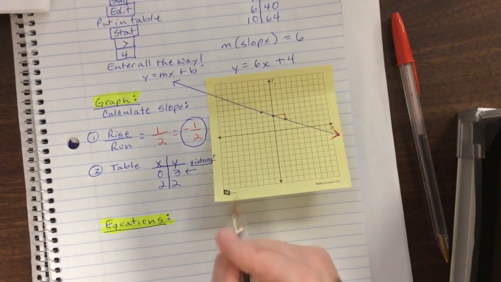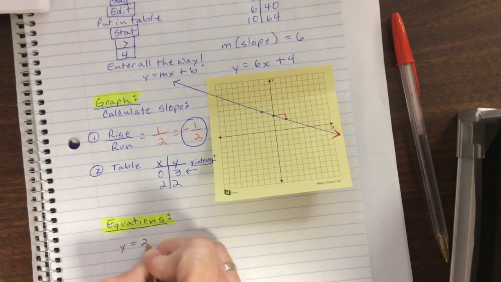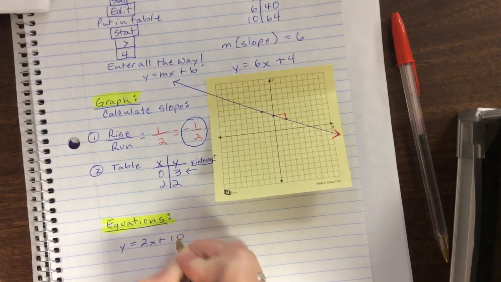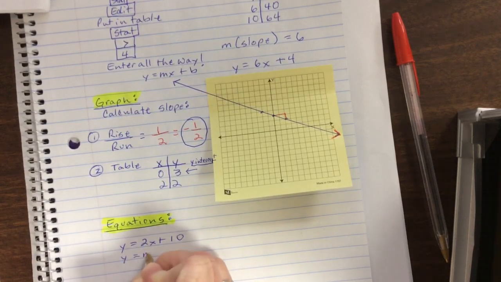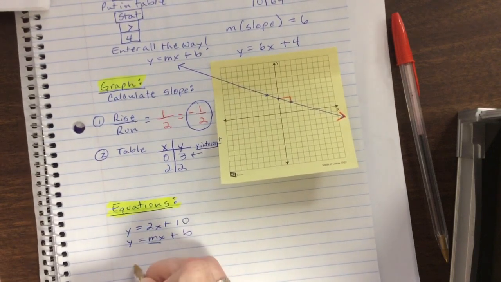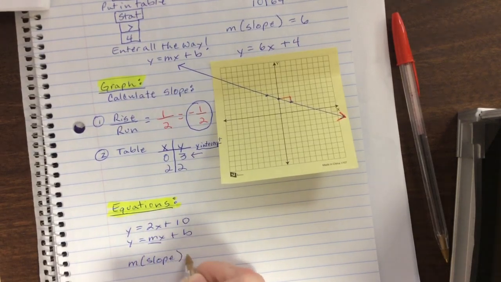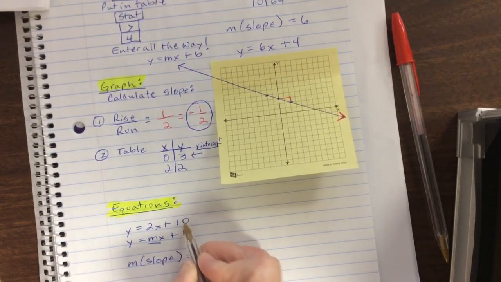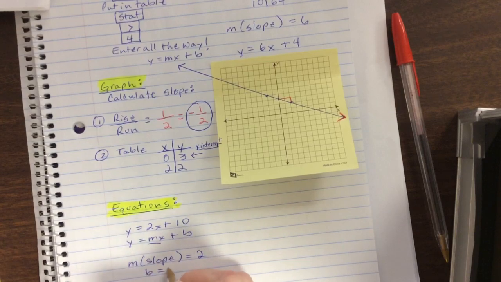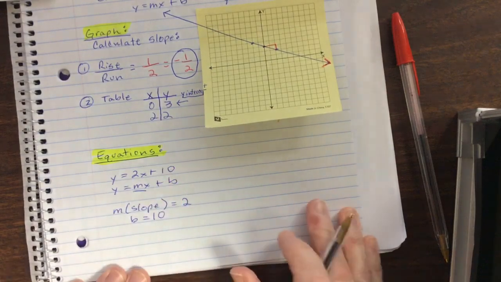So if they give you a basic equation, such as y equals 2x plus 10, we know our slope is always next to our x. So therefore our slope equals 2. Our y-intercept is 10. You don't do anything with the calculator, just look at it.